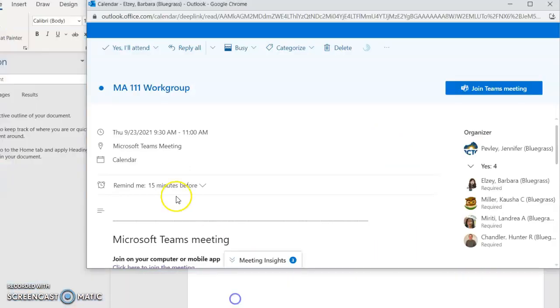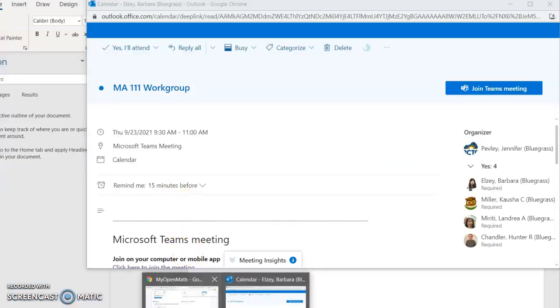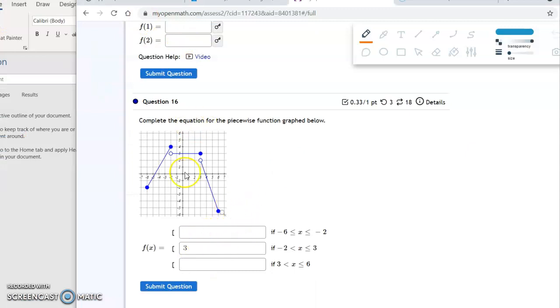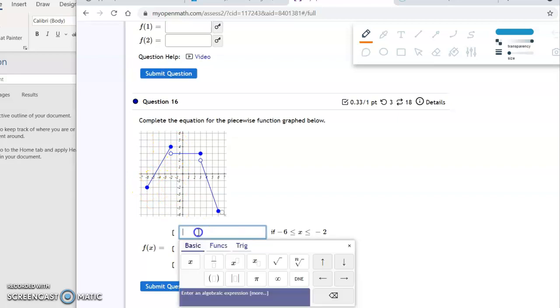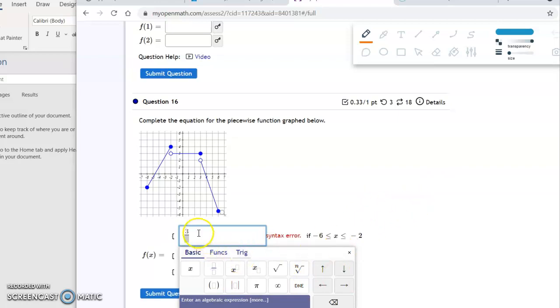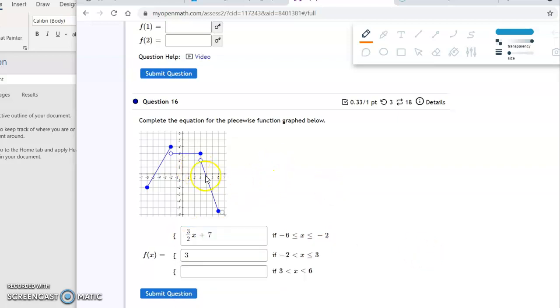Now let's notice this is between -6 and -2. So it's this piece. So I want to type in 3/2 x plus 7.